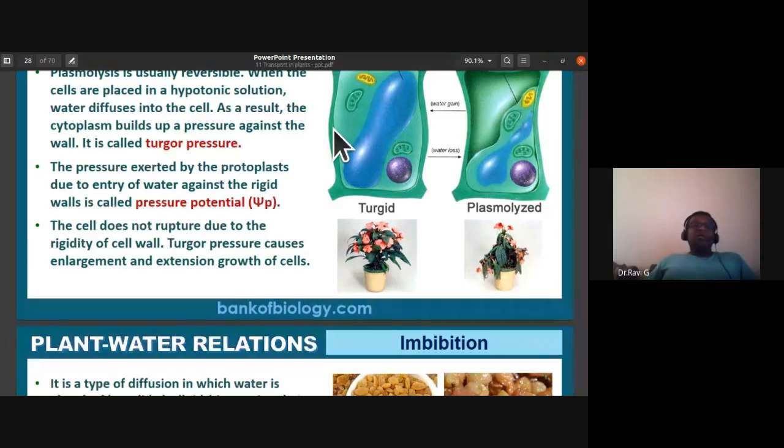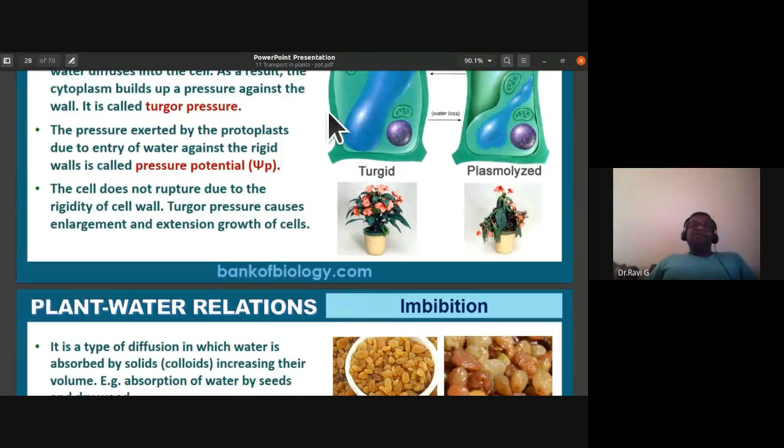RBCs rupture, but not a plant cell, because plant cells have rigid cell walls. As a result, they can withstand this turgor pressure or pressure potential because the wall exerts an equal and opposite pressure on them, that is the wall pressure. The cell does not rupture due to the rigidity of the cell wall.